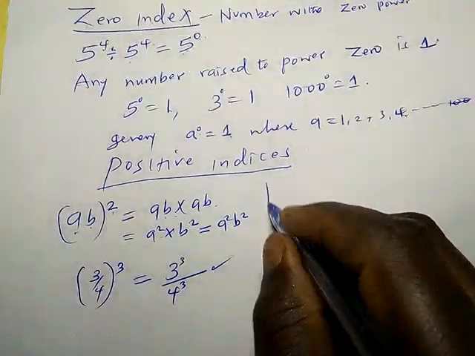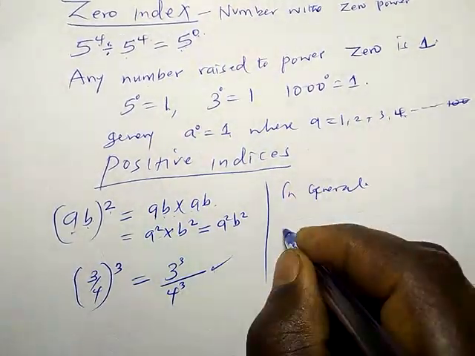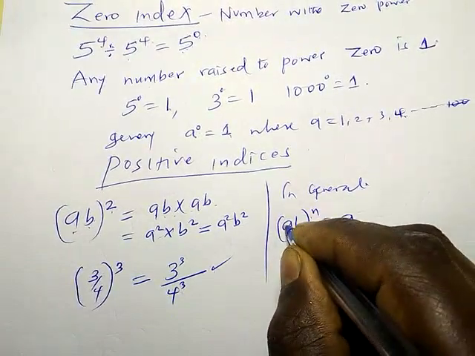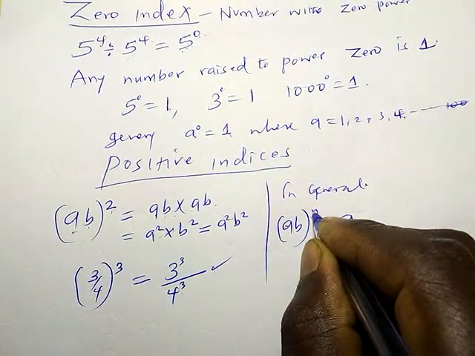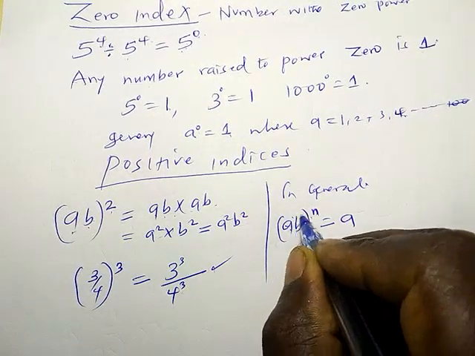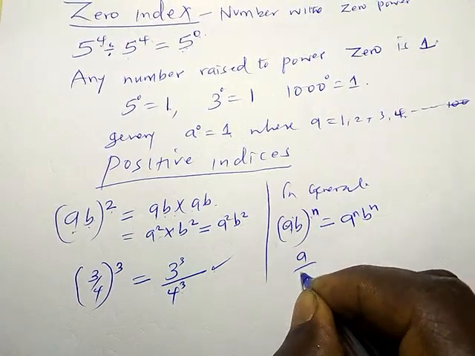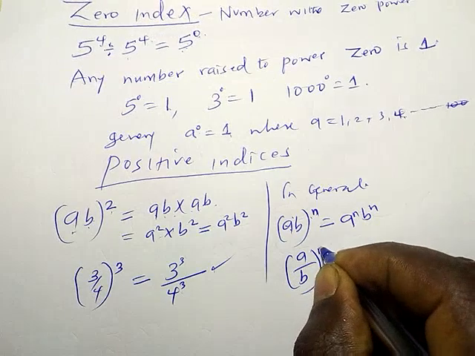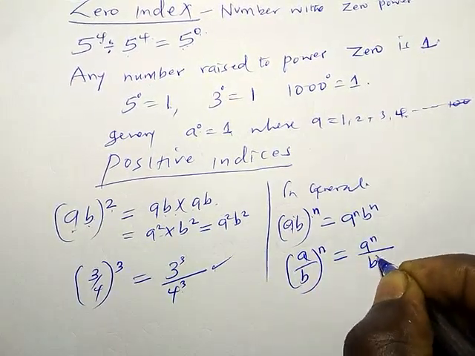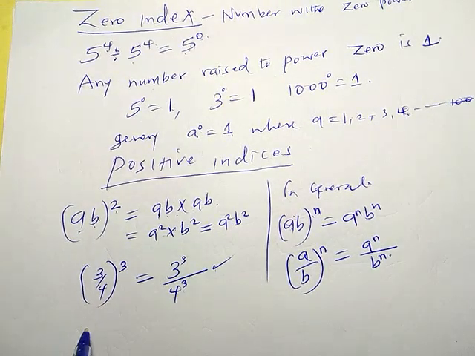So in general, (ab) raised to power n is a^n b^n, the power n is raised to both numbers. If we have a divided by b raised to power n, the answer is a^n divided by b^n. That's what it means.